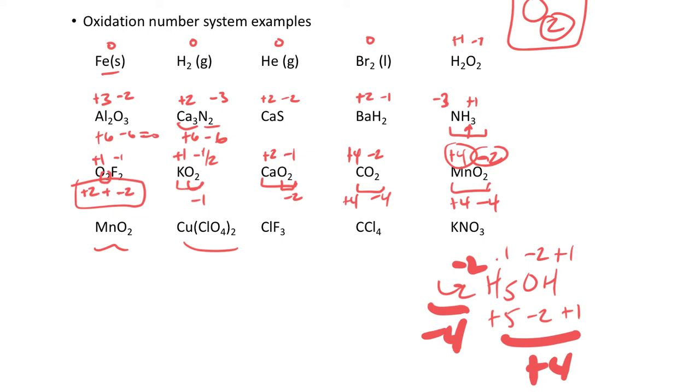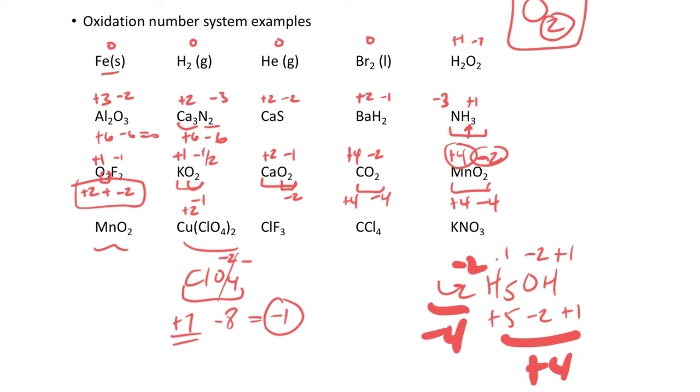Copper chlorate. So we know how to get copper as a copper 2 from chapter 2. So we know that's copper +2, so oxidation number +2 for copper. And ClO4 minus, let's just break this down for one ion like we did ClO3 minus before. -2 for the 4 O's, so that's -8. So we have to have a +7. Just remember we're summing these up to the charge on the ion.